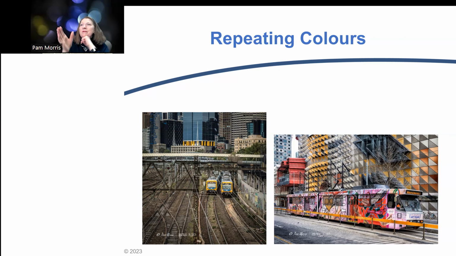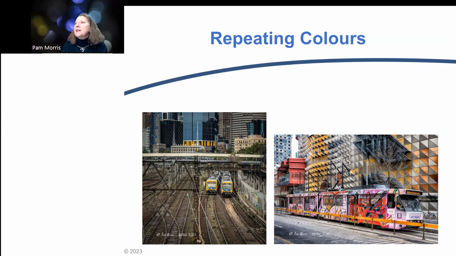And in the one on the left here, we've got both the mimicry of the two trains, but we've also got the repetition and that rhythm between the columns in the building, the yellow columns in the building at the top left, and the trams. And we go backwards and forwards between them, and we have repeating in the columns as well. So that just gives this image an extra pop by having those repeating elements within it.